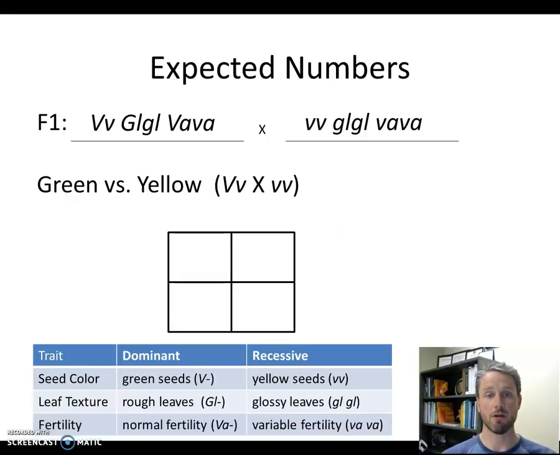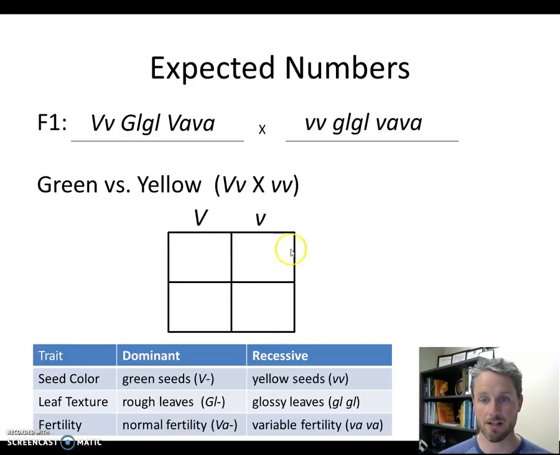So first we'll do that for the green versus yellow seed trait. Remember, green is dominant, yellow is recessive. We know that we're crossing our F1 that is heterozygous for this seed color to a homozygous recessive plant. So we can set up a Punnett square.